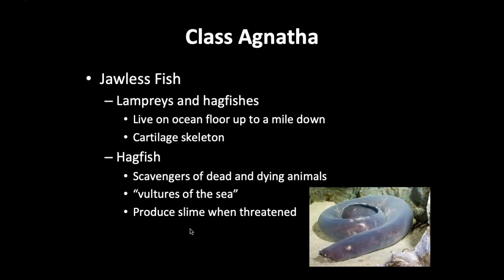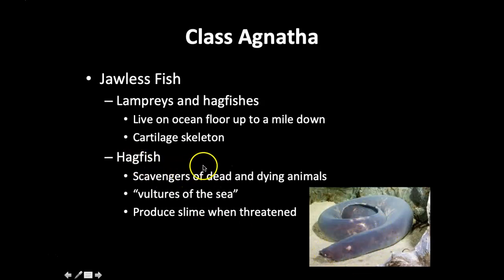So let's talk about the three classes of fish. The first class is going to be Agnatha. This is going to be our jawless fish. This consists of both our lampreys and our hagfish. What you'll find with this group is that they will live on the bottom of the ocean floor, usually up to a mile down. They have cartilaginous skeletons, and for both these groups, they almost kind of look like eels.